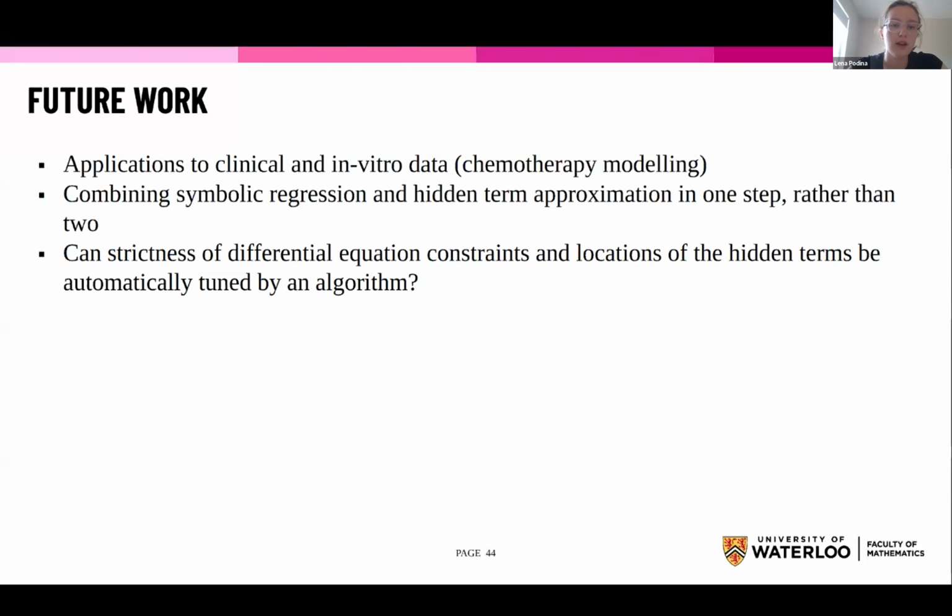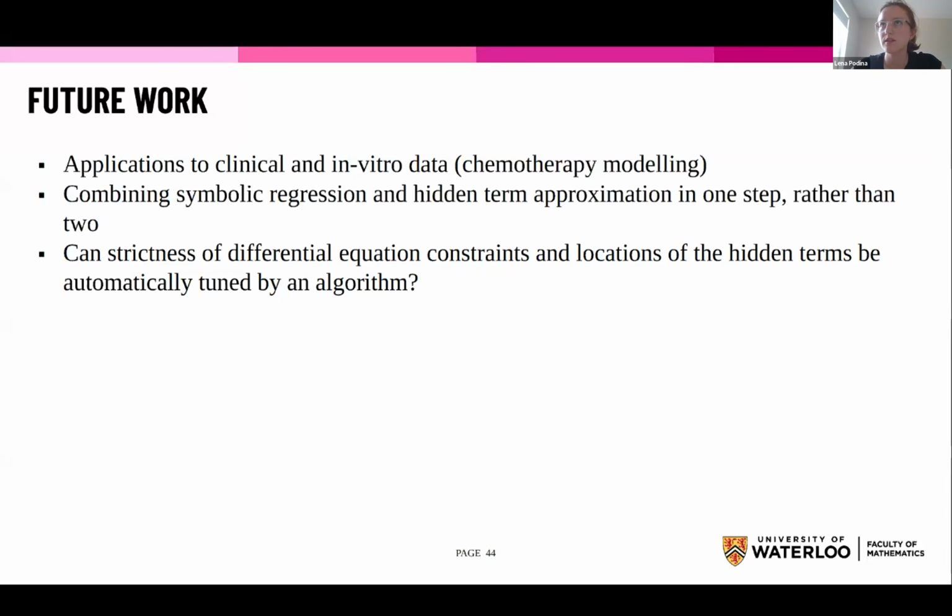And then lastly, we're also interested to know whether the strictness of the differential equation constraints and the locations of the hidden terms can be automatically tuned. Perhaps there's some kind of search algorithm we can incorporate, which would automatically switch in and out some of these neural networks to see which terms should best be modeled by the neural network and which should be left alone.